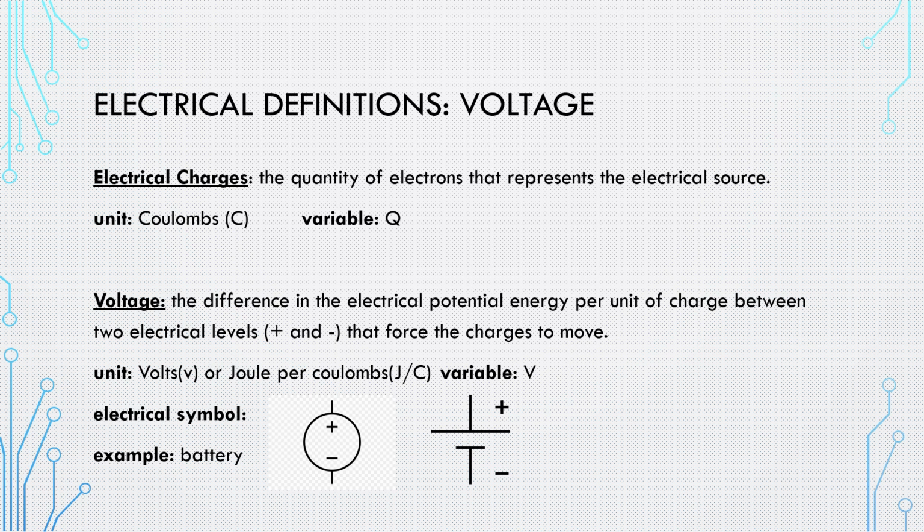Later on we're gonna define some definitions, and we'll learn the unit for each, or how we measure it. When we talk about measurement, we want to see the quantity of it. So the charges, we measure by coulomb. In a simple example, if I have some length, I can measure it by meter, centimeter.